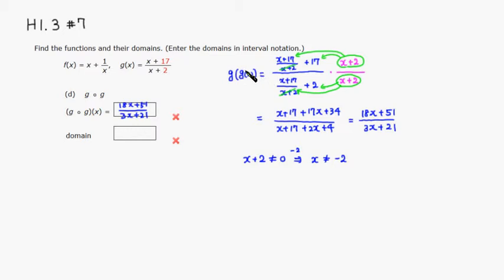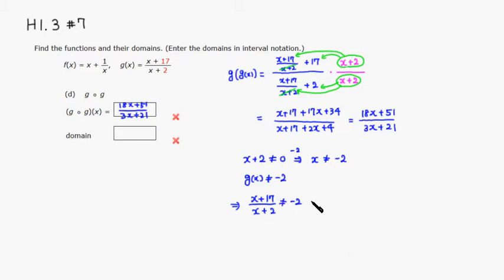But another thing we have to do: you're plugging g of x into g, so we have to make sure that g of x is not equal to negative 2, because we have to plug g of x into the g function. So we get x plus 17 over x plus 2, and we cannot have negative 2 there.